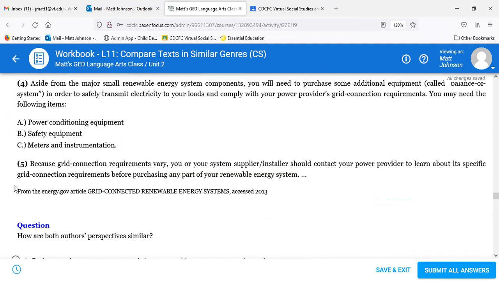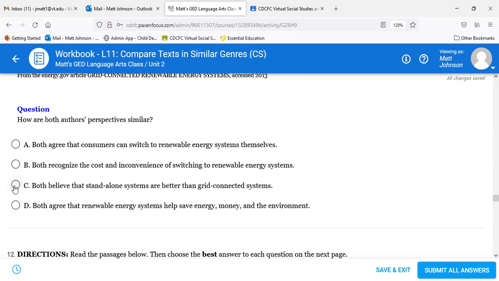Let's see, Tracy, would you read 11? Yes. How are both authors' perspectives similar? A, both agree that consumers can switch to renewable energy systems themselves.